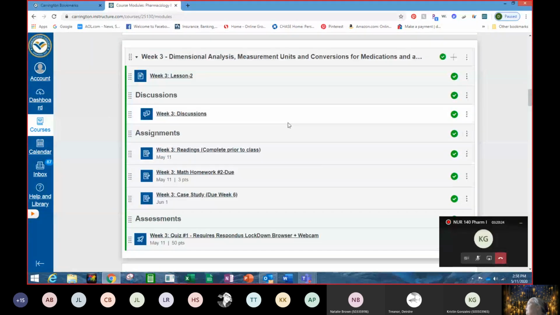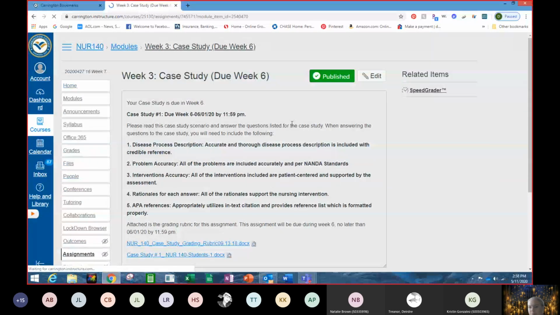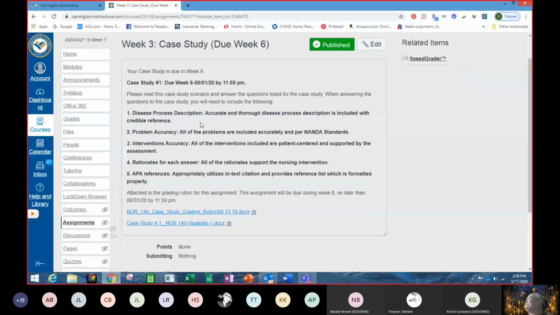Week 3. Case study, do week 6. Okay, so it's due by Sunday. Read the scenario and answer the questions listed. When answering questions, you will need to include the following. A disease process description, included with a credible reference.